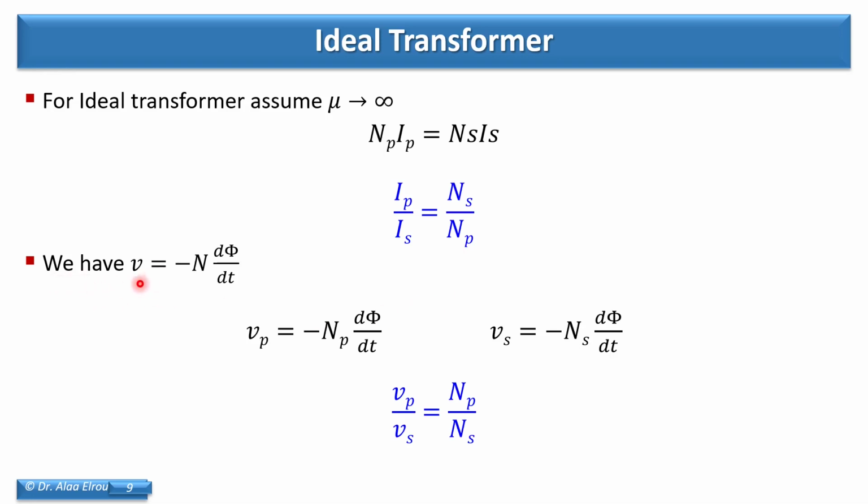We know that the V will equal minus N d phi by dt. So from Faraday's law, we have the potential of V primary equal minus N d phi by dt.